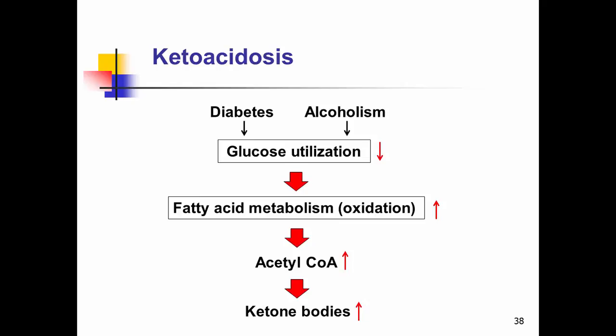Under the diabetic condition or alcoholism, because the body is not able to utilize glucose as energy, it has to mobilize fat for oxidation for energy. So that will increase acetyl-CoA levels and drive ketone body synthesis, right?